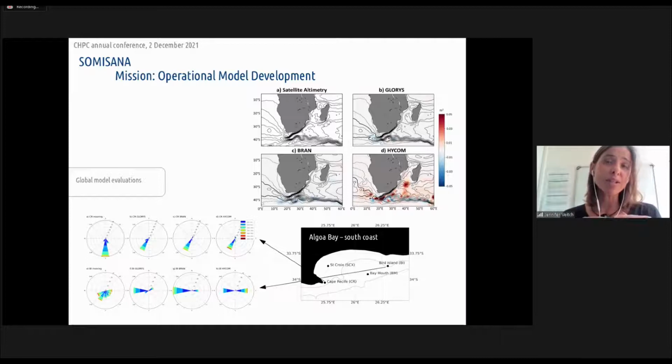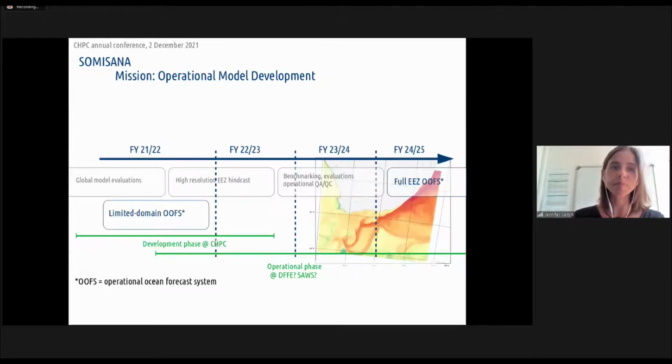However, when we start to look closer inshore, and I'm not going to go into details here, but on the bottom right, we're looking at current roses of each of the models compared with in situ observations within Algoa Bay. We note that the models don't do very well. They start to fall apart. And it is in these regions that we really need reliable information for the state of the ocean for stakeholders.